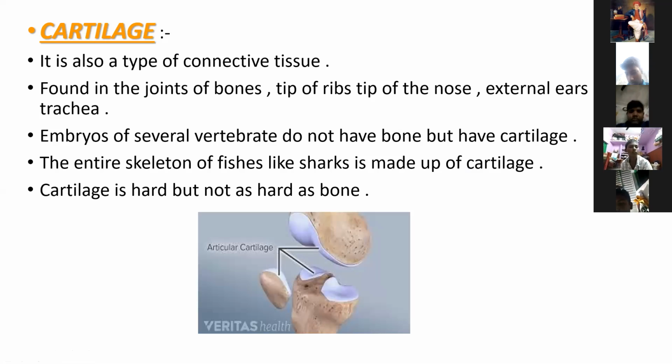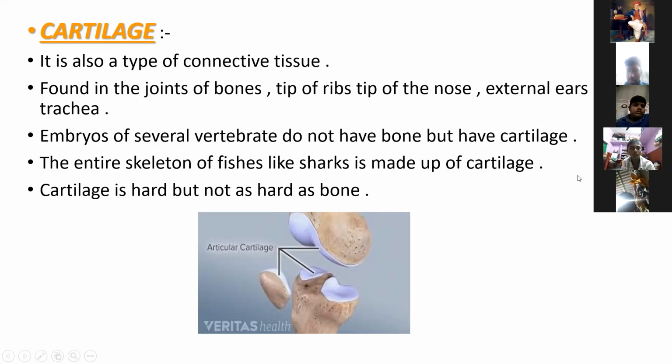We know our nose is made up of cartilage. And our external ears are made up of cartilage. The trachea is also made up of cartilage.